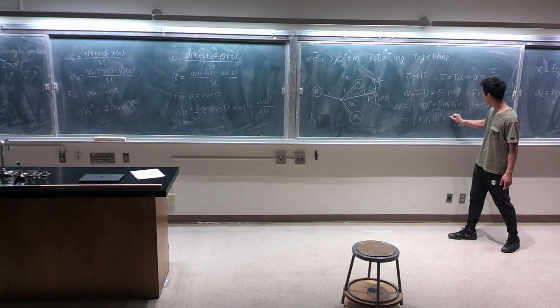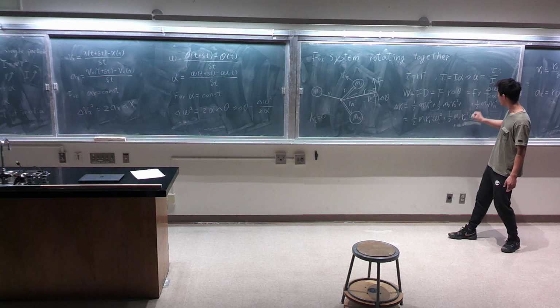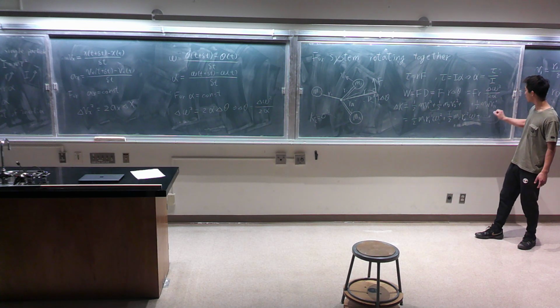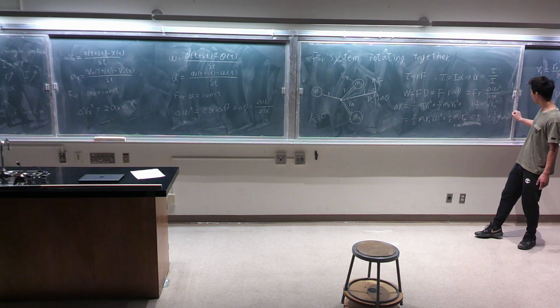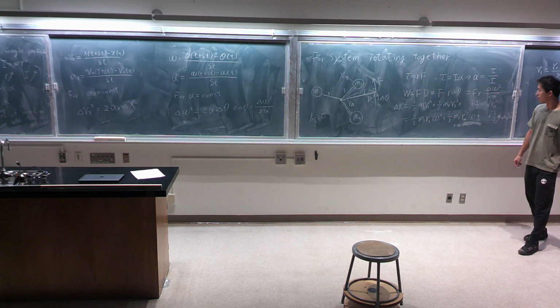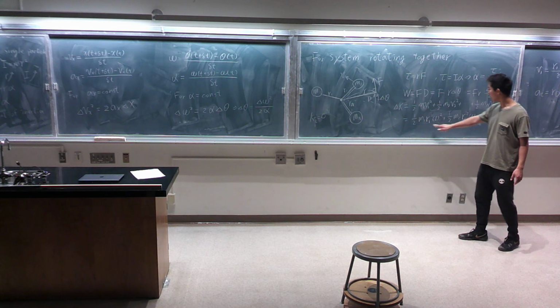Same for the second particle, but the radius of the second particle is different than the first particle, all the way to the last particle. Okay? So if you look at this, you see they all have 1/2.